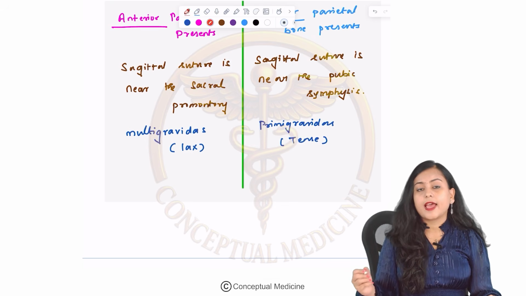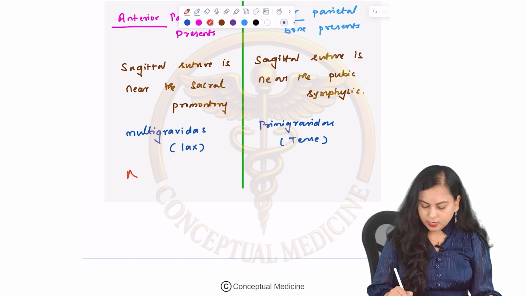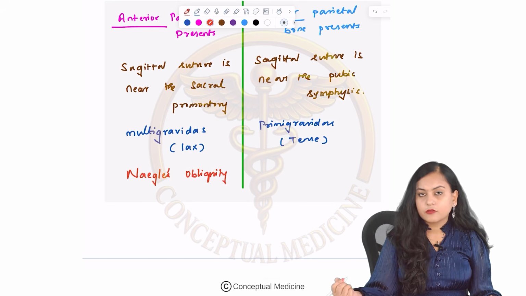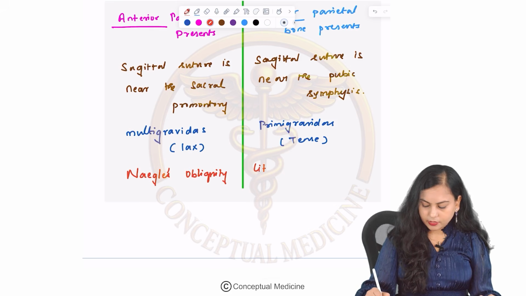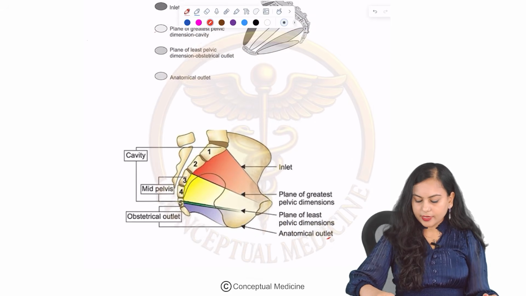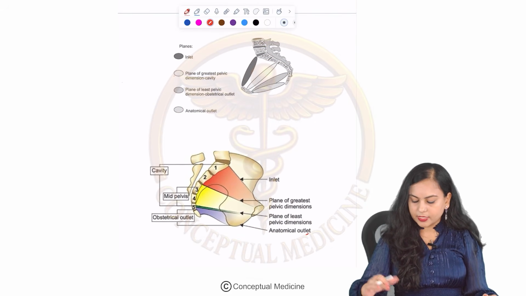The other name for anterior asynclitism is Naegele's obliquity, okay, whereas for posterior asynclitism it is Litzmann's obliquity. Clear? Right. Now, let us learn about the pelvis in detail.